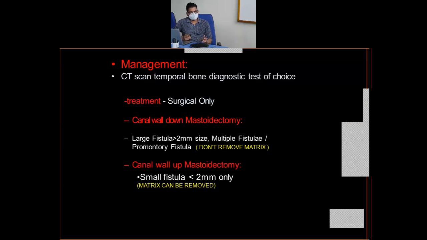If the fistula is bigger, more than 2 mm, you have to do mastoidectomy along with removal of the canal wall, the posterior wall of the meatus, so that the fistula will be clearly visible to you. Then you close the fistula.